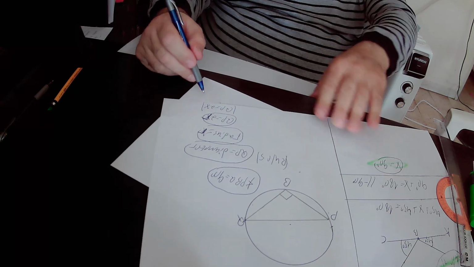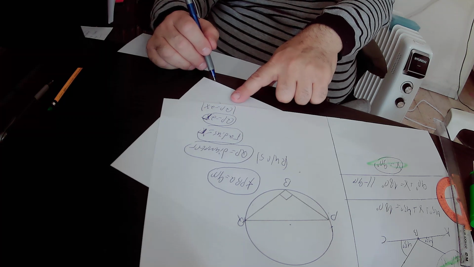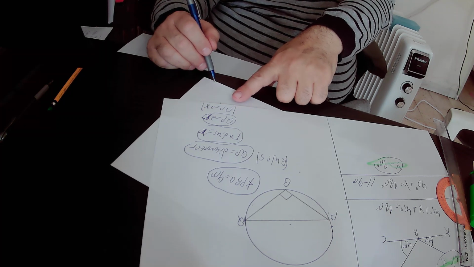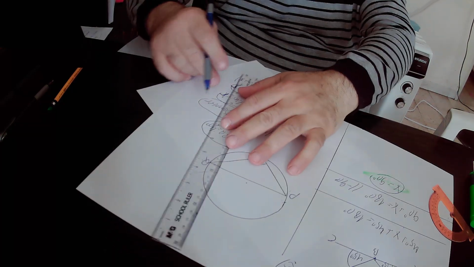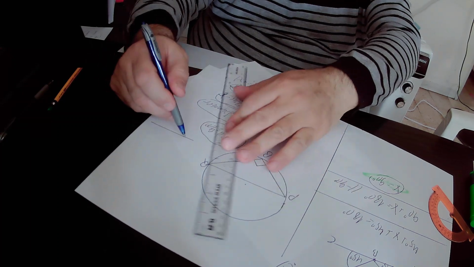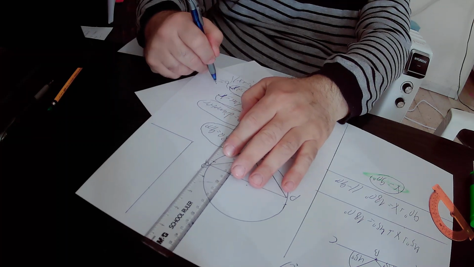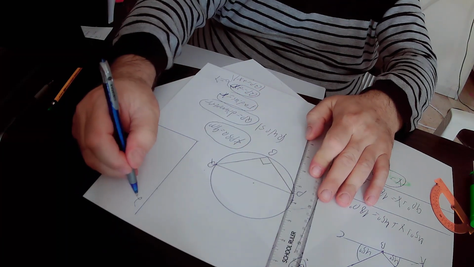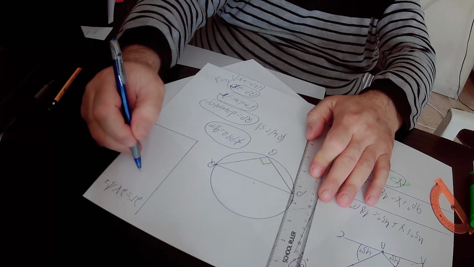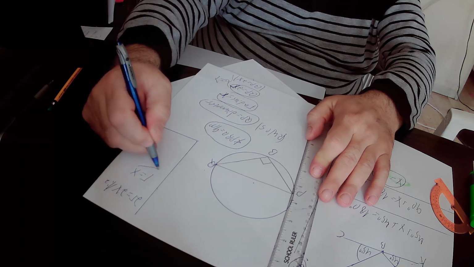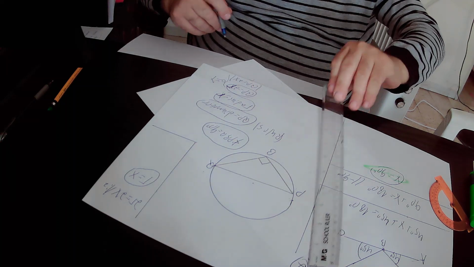And from those two equations, QP equals 2r and QP equals 2x, we derive that 2r equals 2x. Here we'll divide this equation by 2, and finally we get that r equals x. So the radius of this circle r equals x.